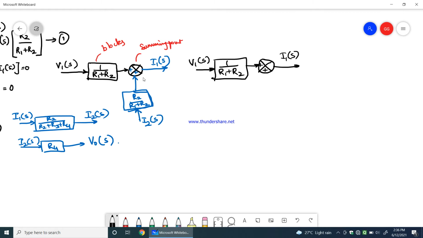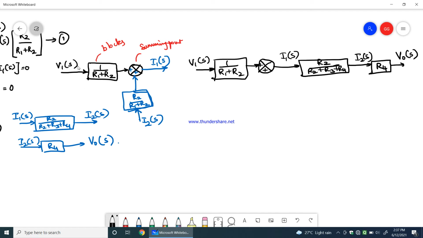Now this I1 of S is getting multiplied by R2 by R2 plus R3 plus R4, and the output coming out of that block is I2 of S. Now I2 of S is getting multiplied with R4, and the output would be V out of S. See, this is how we do it.